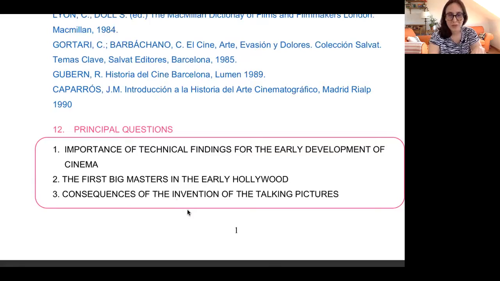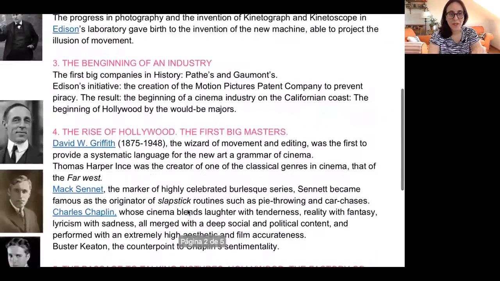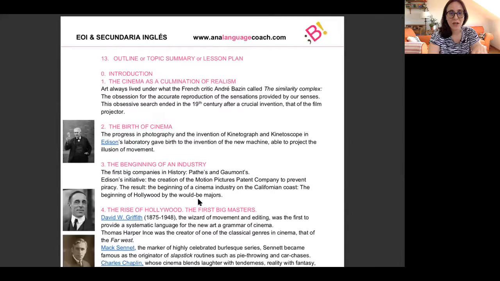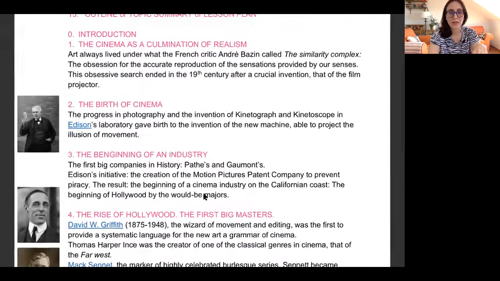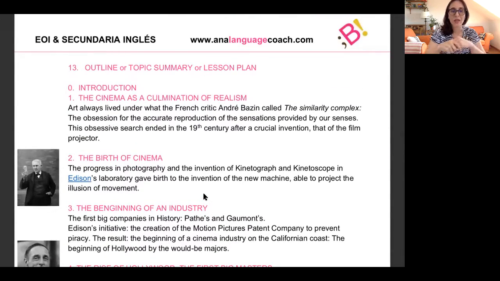Okay, so let's move on. In the first part of this unit, in the outline or topic summary or lesson plan, I'm talking about the cinema as a culmination of realism. Why? Well, I think it's essential. The discoveries of the photography and so on, and also before, the painting and the different techniques that they developed in order to paint what they were seeing in a very, very realistic way.